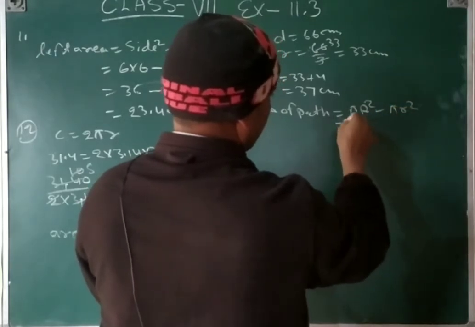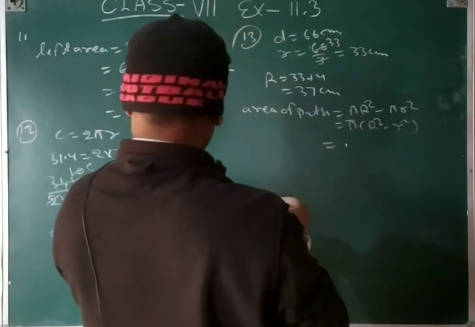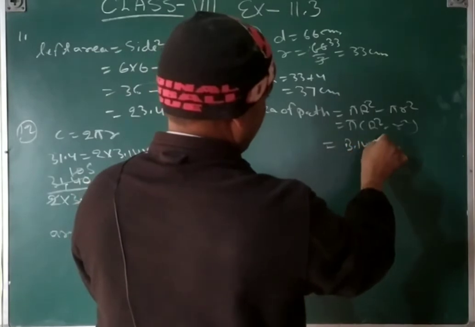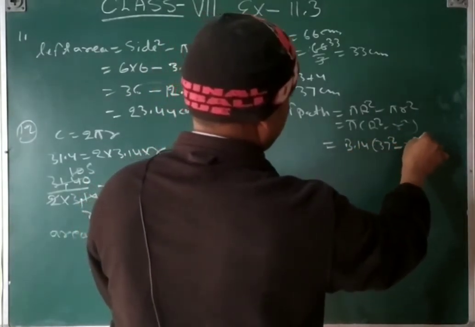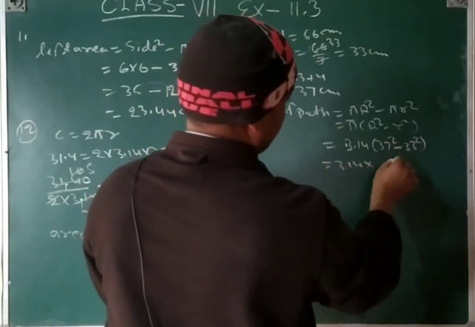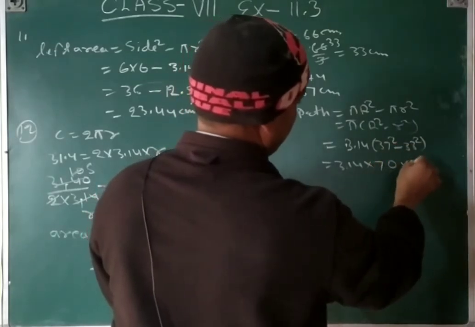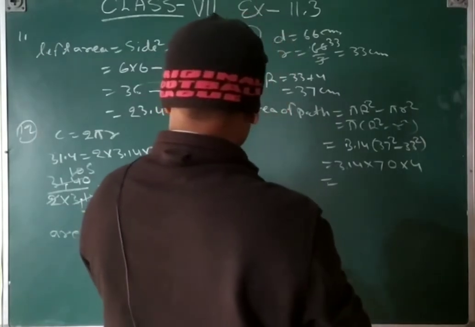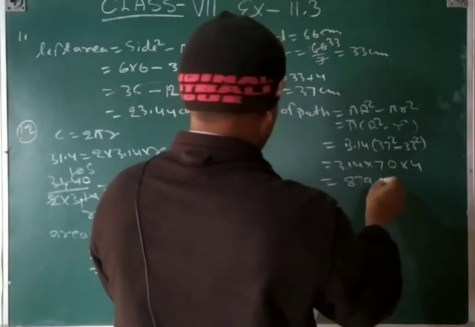So pi is common, so R square minus r square, pi value is 3.14, R is 37 minus 33, and then by the subtraction and addition, 0, 337, and then multiply by 4, and then by the multiplication, that will be 879 decimal, that will be 2.